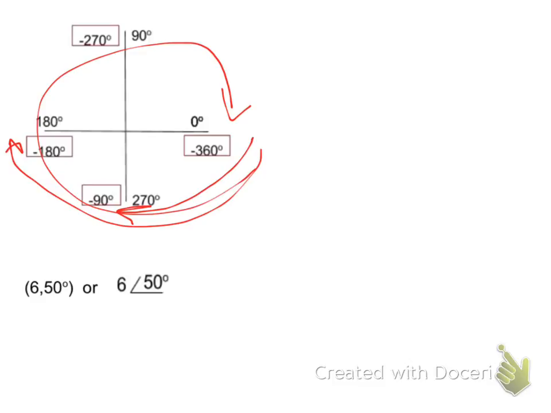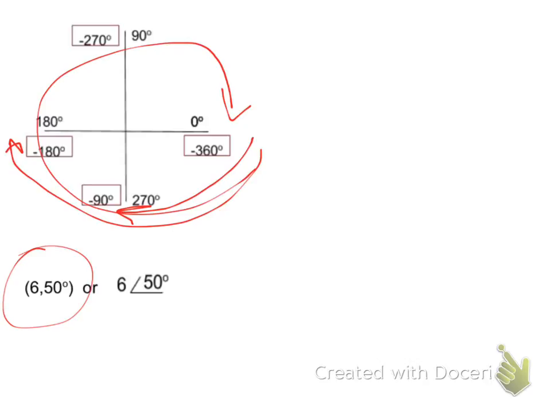Okay? Now, you look on the bottom there, I have 6, 50 degrees, or I have 6 with that less than symbol with 50 in there. Essentially, those are the two ways that you will see polar form. How do I know I'm in polar form when I look at this one? Because I see the degree symbol.